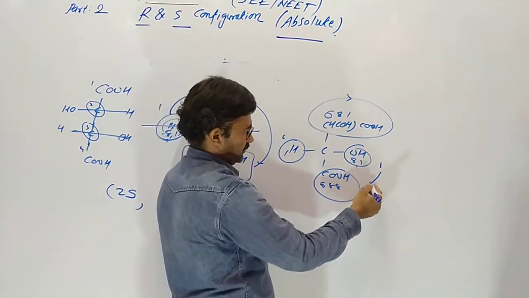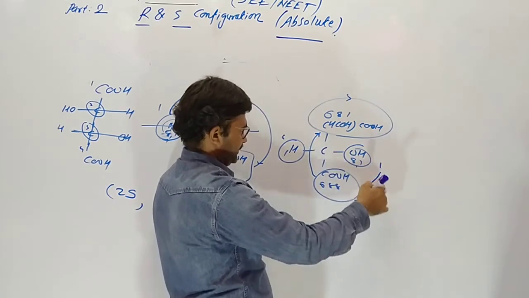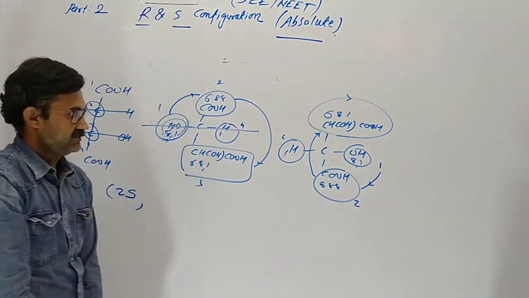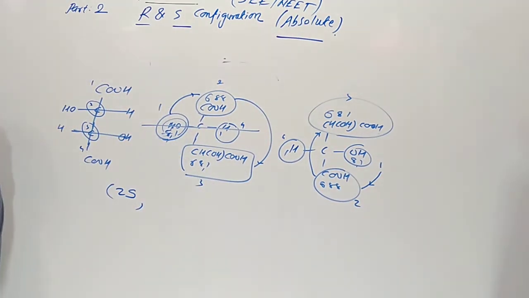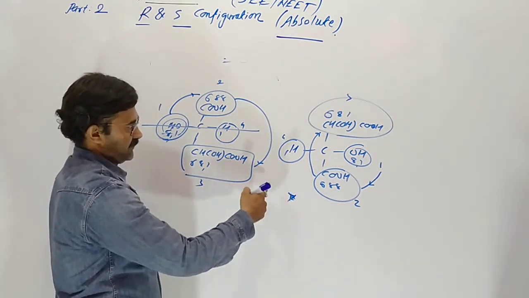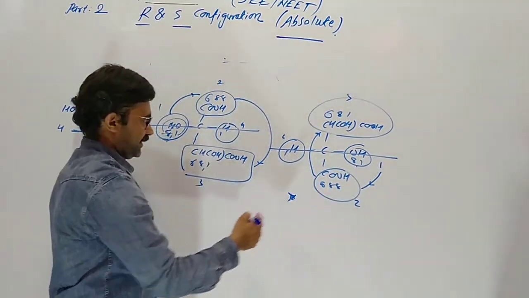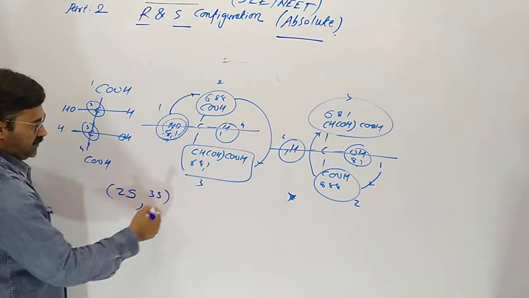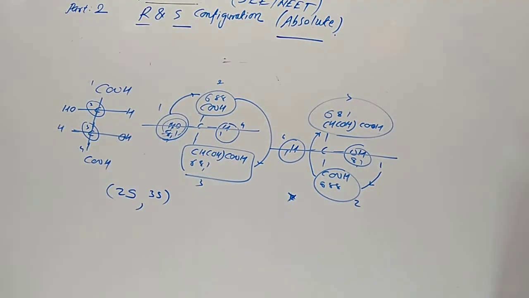In reading 1, 2 and 3, it is clockwise, it appears clockwise. But actually it is not R; take the inverse of it. Why? Hydrogen is on the horizontal line. So it is also S: 2S and 3S.